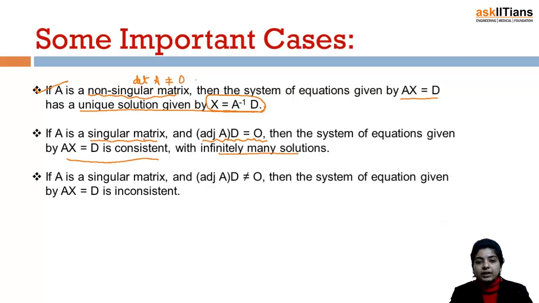Now if A is a singular matrix and further adjoint of A into D is equal to 0, then the system given by AX equal to D would be consistent, but with infinitely many solutions. Further, if A is a singular matrix and adjoint of A into D is non-zero, then the system given by AX equal to D is inconsistent.